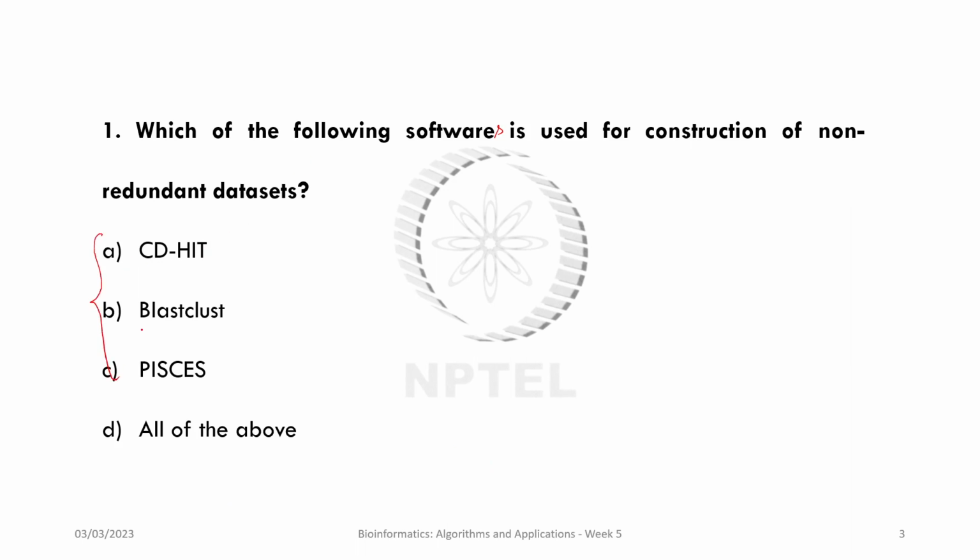So we can all agree that all three softwares can be used for generating a non-redundant data set, right? So it is all of the above: CD hit, blast clust, and Pisces.